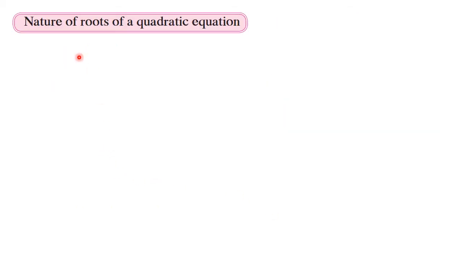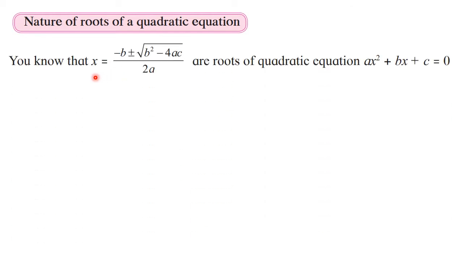The next topic is nature of roots of a quadratic equation. So this topic is related to the formula method. So once again, let us write down the formula for the equation ax square plus bx plus c is equal to 0. So you know that here x is equal to minus b plus or minus under root b square minus 4ac upon 2a.